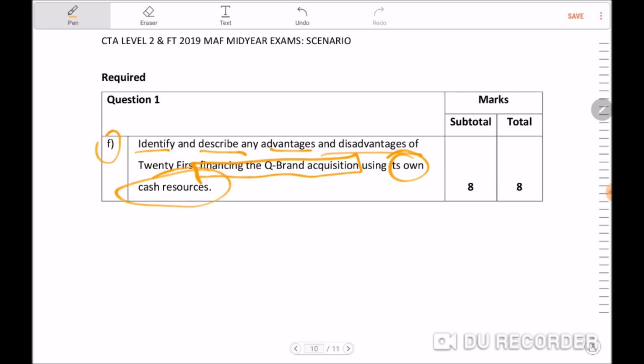So please, after you've gotten through your scripts, go through required F specifically, take your solution and the suggested solution, and reattempt required F based on what we've discussed just now. If you are able to interpret the required as is, and you're able to generate some or most of the points on the suggested solution, I say you're in the right direction.